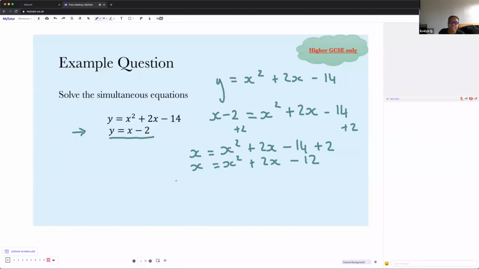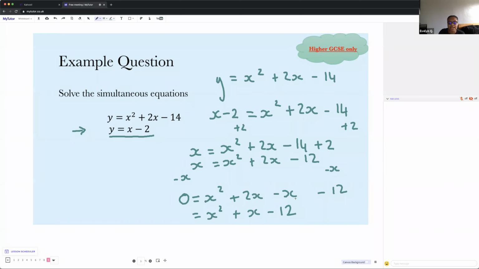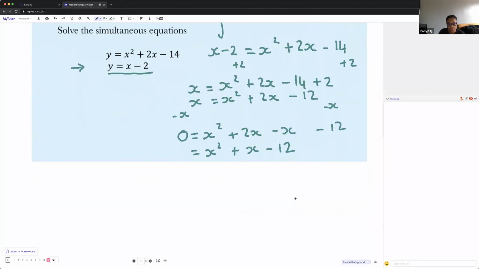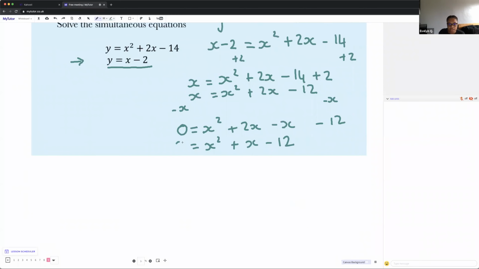And then I can subtract x from both sides. So I'm left with 0 equals x squared plus 2x minus x minus 12. And 2x minus x is just plus x, because 2 minus 1 is just 1. Yeah. And then we will go ahead and solve the quadratic equation.